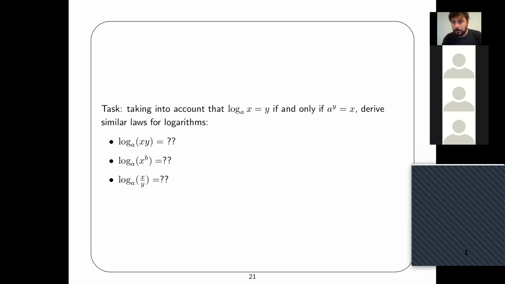Then a to the power of z, which is xy, is equal to a to the power of u times a to the power of v, which, using the previous rules, is a to the power of u plus v, right?